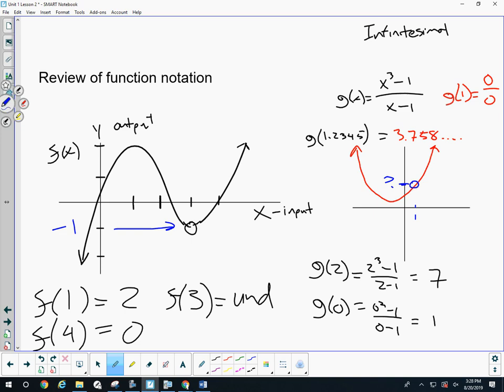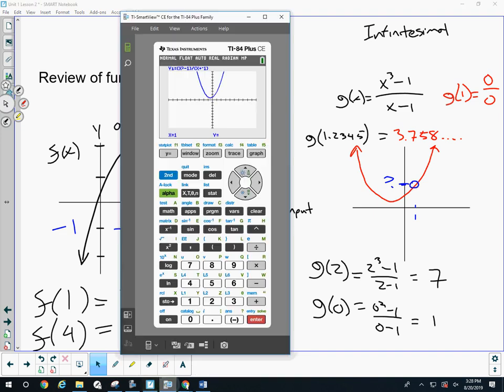Okay, well, talk to your neighbors. How can you find out the location of this hole? Because if I look at my graph, maybe it's like 1, maybe it's like, I can't really tell by looking, okay? Please, somebody, talk to your neighbor and discuss an idea you might have for how you could find that hole's location.